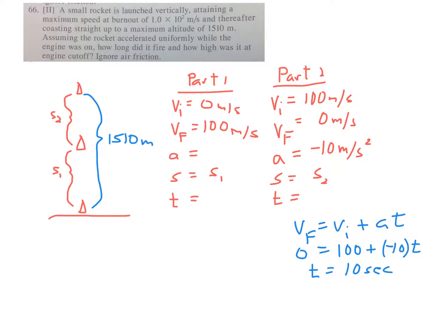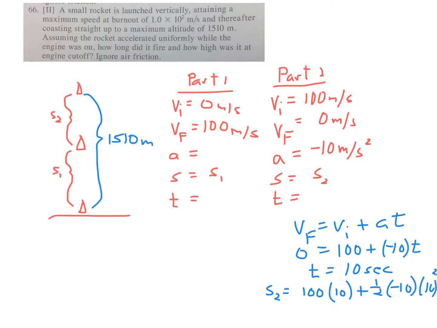And then you need to plug in and figure out what your S is. So you could figure out using one of the other equations, probably the third equation, that S sub 2 is going to be equal to V sub I times T, so 100 times T, which is 10, plus 1/2 AT squared, so negative 10 times 10 squared.